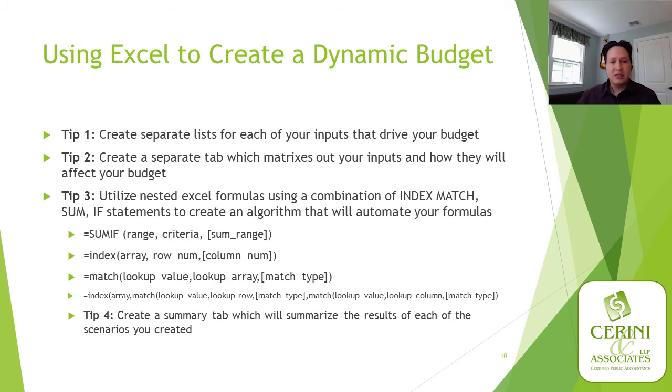The next thing is creating matrices that basically lay out the way that your inputs interplay with each other. So if I have a 2% increase, let's say, or a 5% or 10% increase in certain areas of my budget, how does that interplay with everything else that I'm doing? Mostly you're going to see this on the expense side of things, where if I have a 10% decrease in salaries because I have to make budget cuts, that's going to affect my fringe benefits.